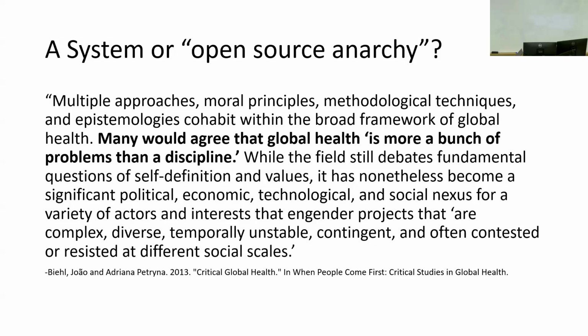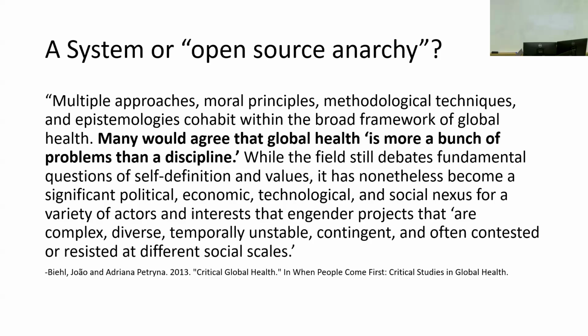So a couple of anthropologists from Princeton, same year, 2013, had this to say about global health: "Multiple approaches, moral principles, methodological techniques, and epistemologies cohabit within the broad framework of global health. Many would agree that global health is more a bunch of problems than a discipline." Arthur Kleinman, somebody said that name, that was his quote.